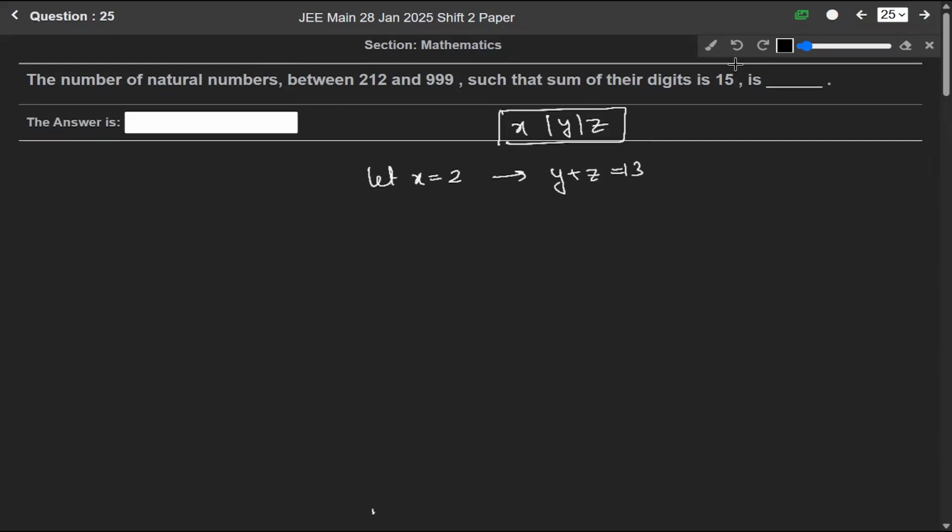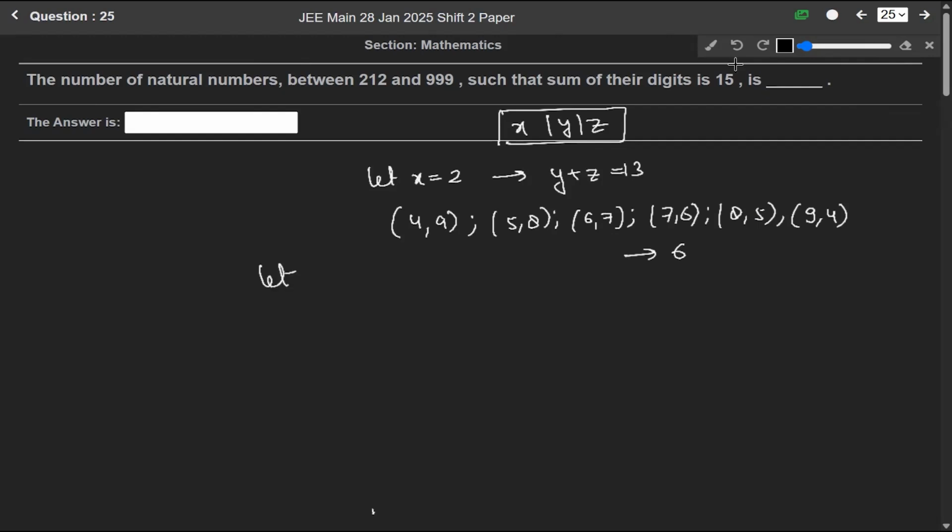The combinations will be 4,9; 5,8; 6,7; 7,6; 8,5; and 9,4. So the possible combinations are 6 ways.